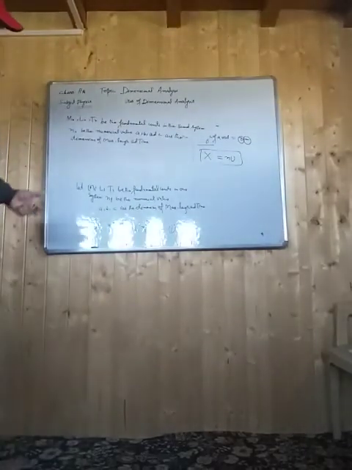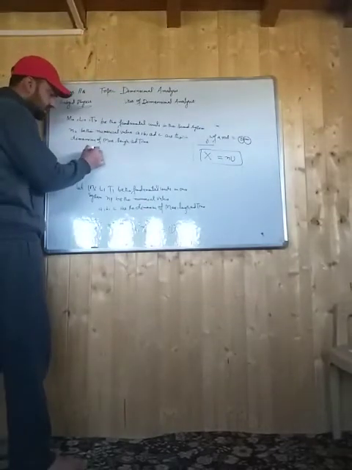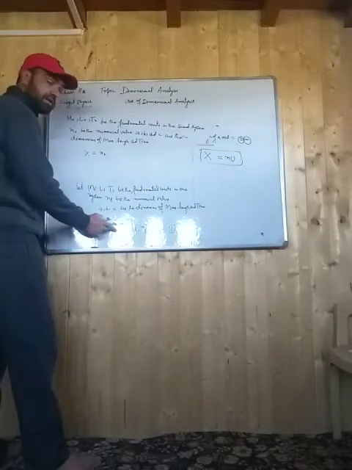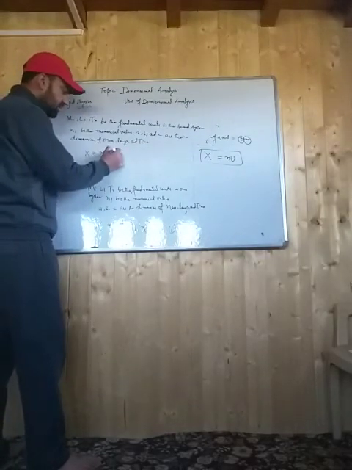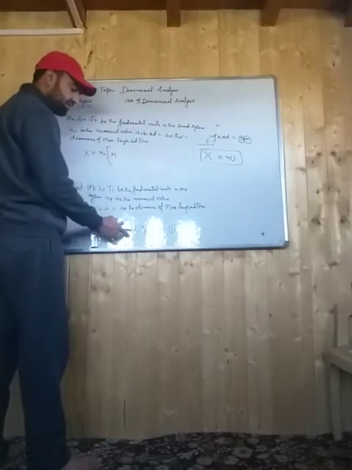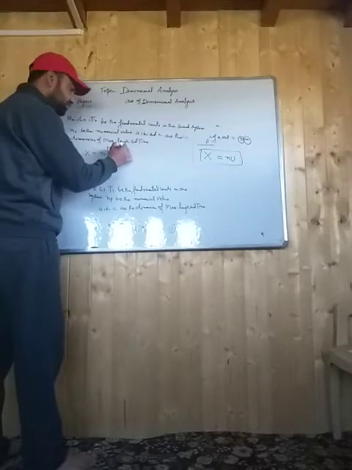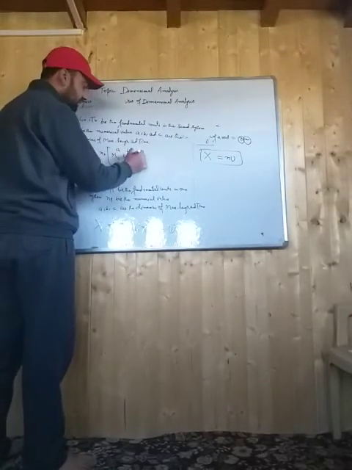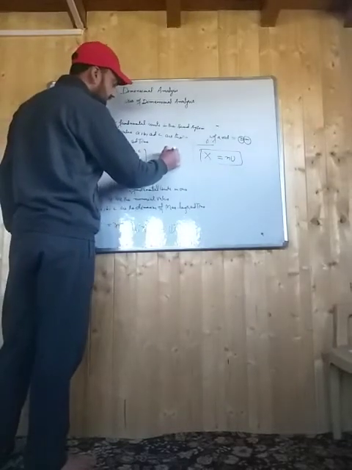Then the expression in the next system of units can be written as x = n2 m2^a l2^b t2^c. Here it was n1, now it will be n2, and here it was m1, in the next system we write m2. So this is equation second.